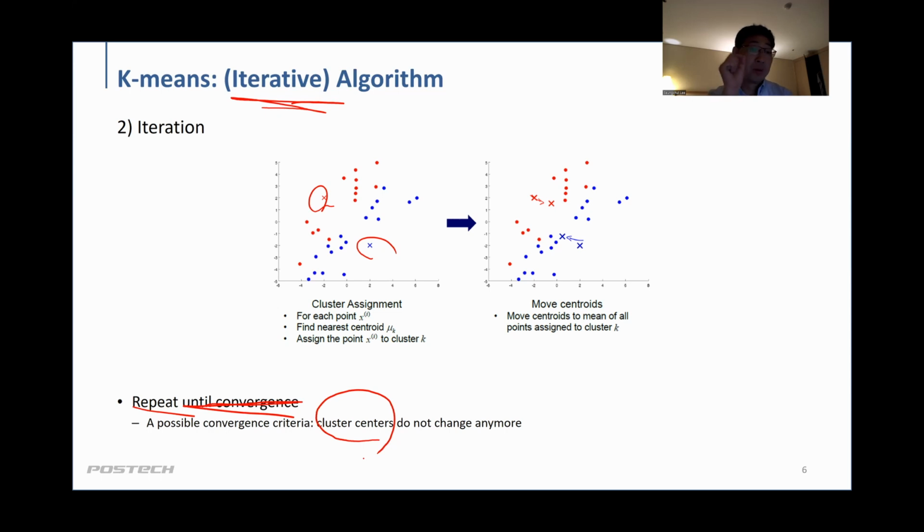But don't forget that this is a heuristic way, so it does not guarantee convergence, but it's okay. I'm going to revisit that point again in a minute. But at least I think it makes sense to you guys as well.